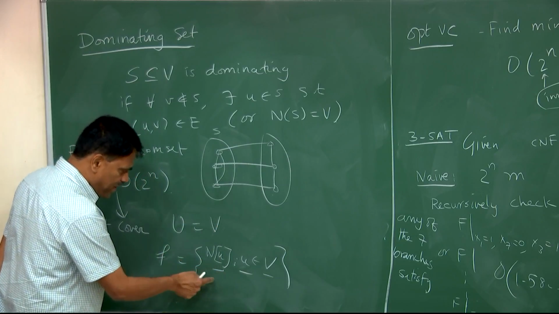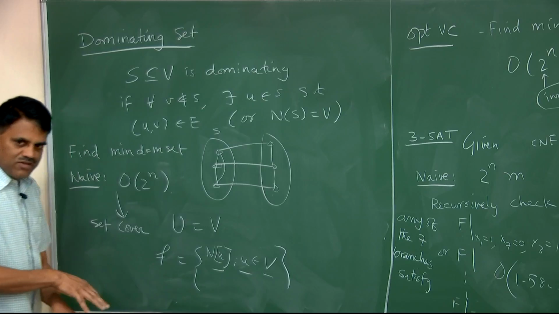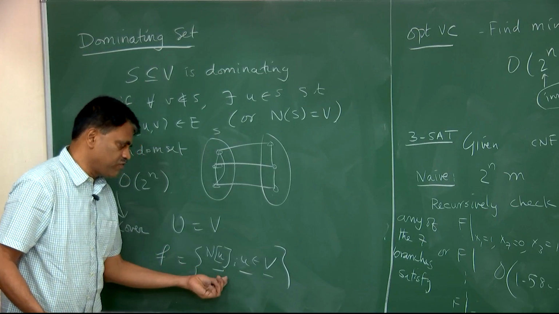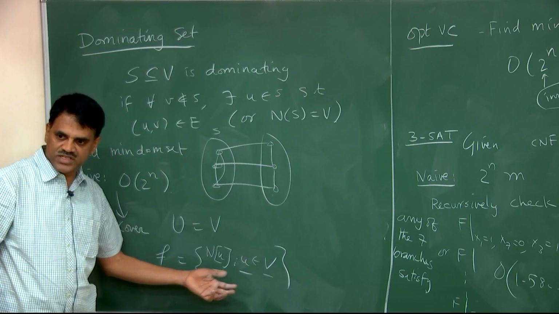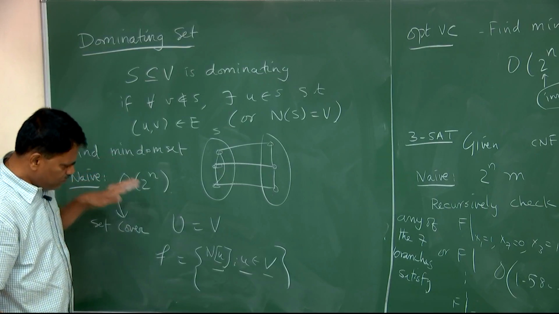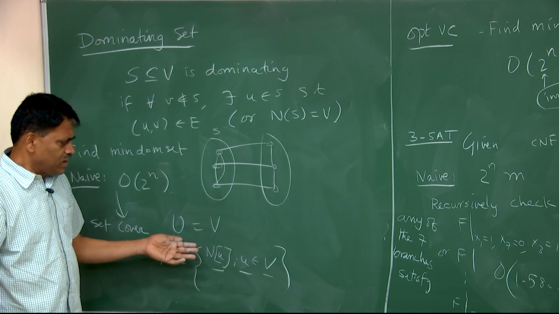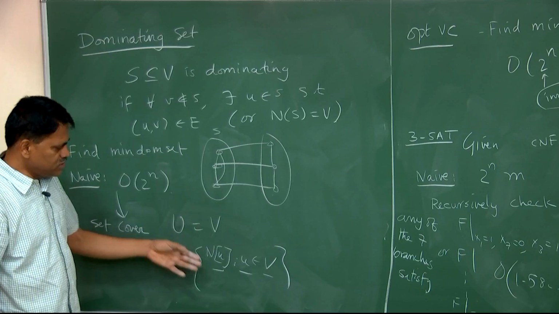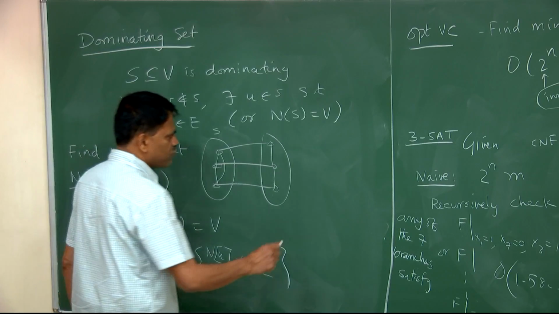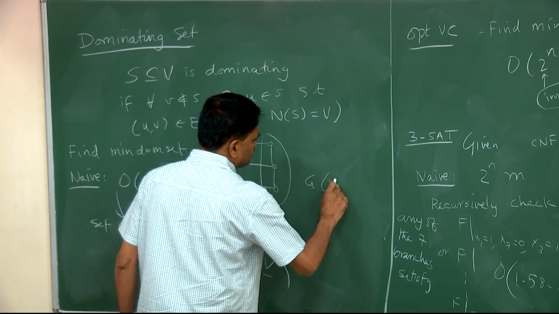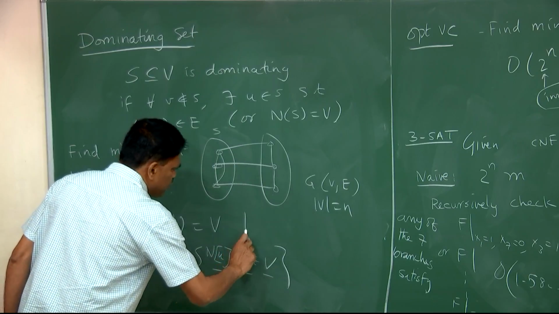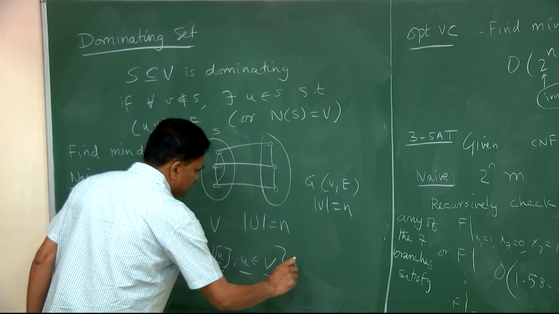That means if I pick that vertex, it dominates itself and all its neighbors. So the smallest subset of vertices I am going to pick will be a smallest subfamily that will cover the universe. So what is the size of the universe and how many sets are here? N, right? Both are N. So the size of U is N, and the size of the family is N.